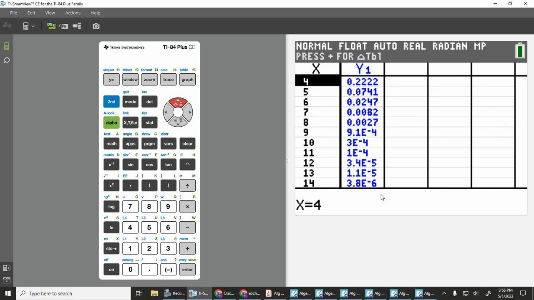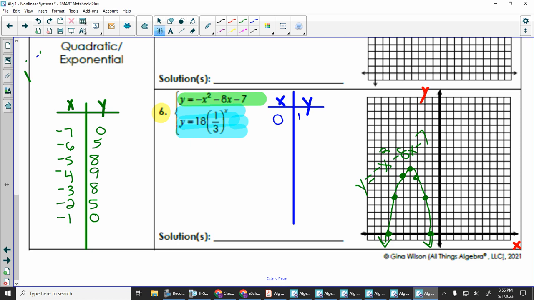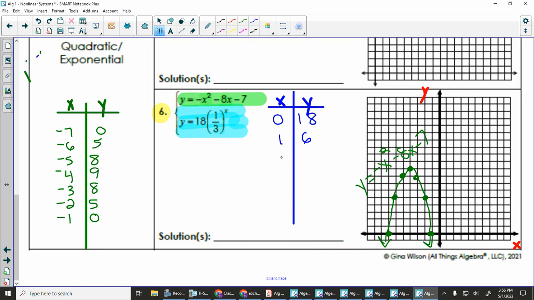All right, and I'm just going to use the nice numbers that we saw. So I'm going to start with this 0, 18. I'm going to use those nice 3 whole numbers there, and let's see if we get our nice hook shape. So we have 0, 18, 1, 6, 2, 2. Let's start with that. So 0, 18.